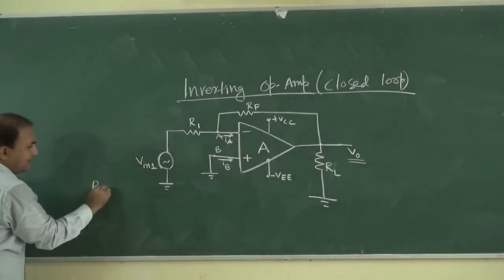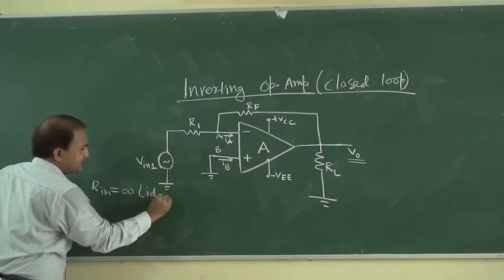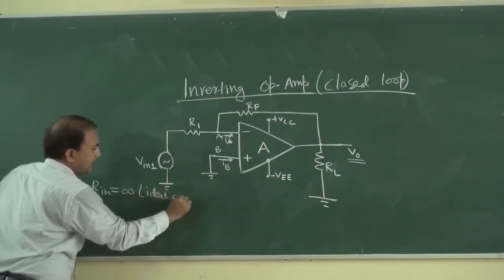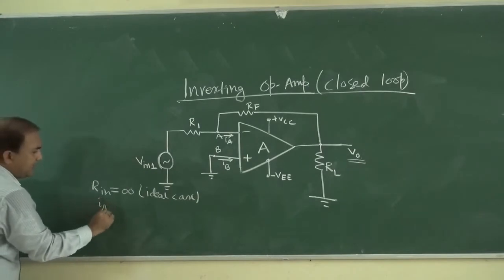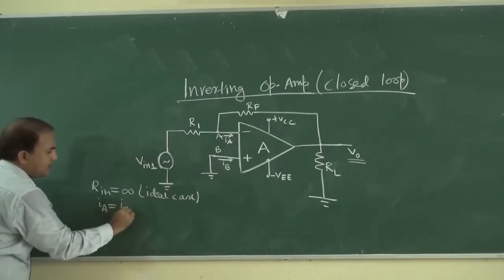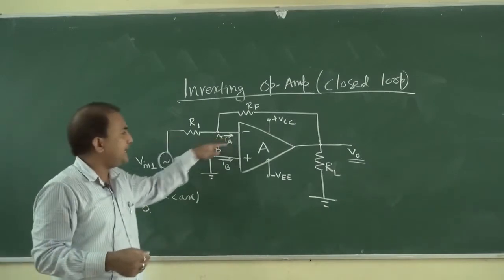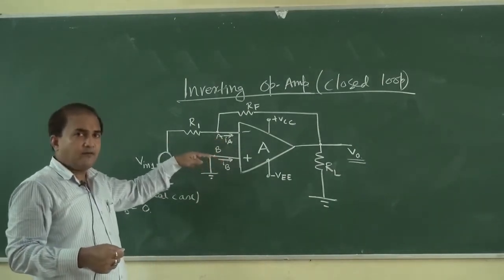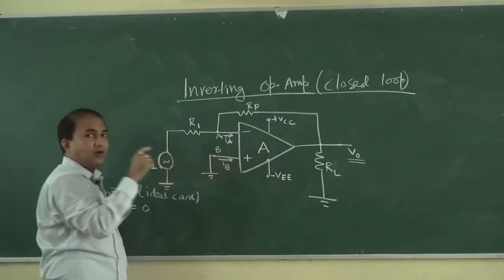Since Rin is infinite in ideal case, IA is equal to IB is equal to 0. So no input current will flow.